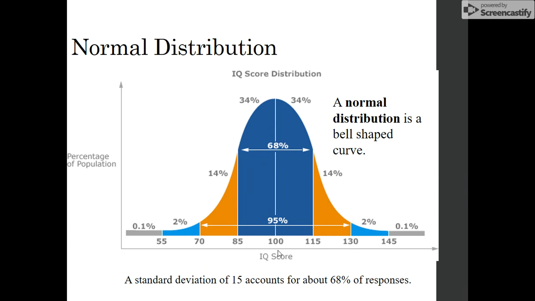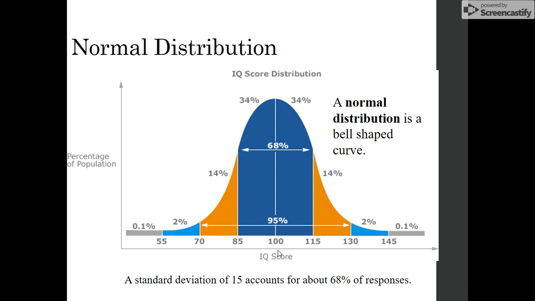Two standard deviations is always going to be 95%. So if we're looking at all of our responses, you'll have the blue part, which is the one standard deviation, and then the yellow, which is two standard deviations. Hold on.